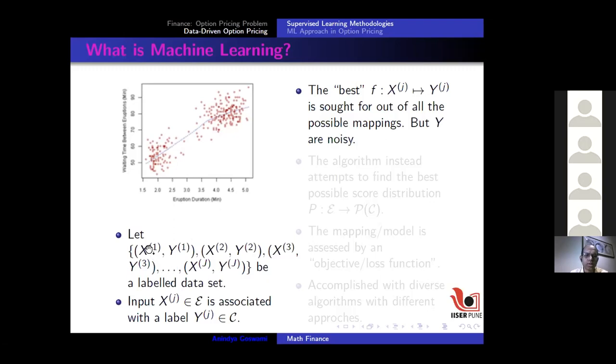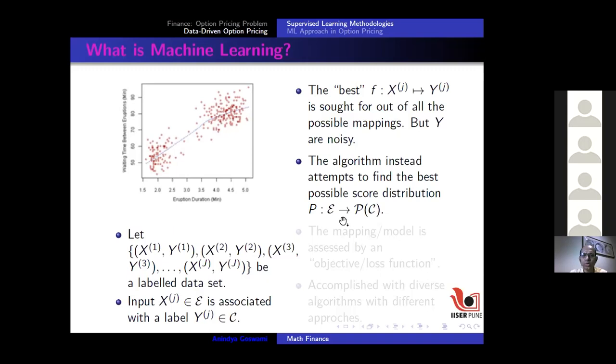So an algorithm is trying to learn this association between X and Y. That means exploring a function F, which is unknown or hidden, that actually explains this association. Since these are noisy things, just mapping X to Y is not a very good idea to look for.